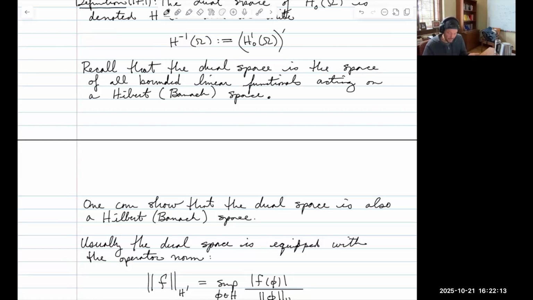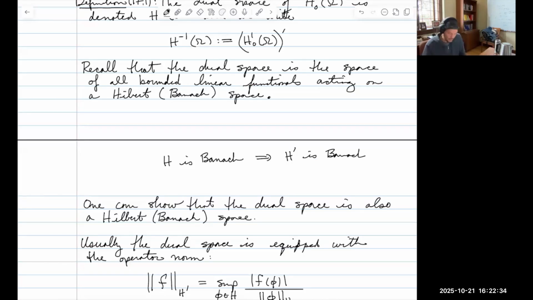So if H is Banach, that implies that the dual space is a Banach space.